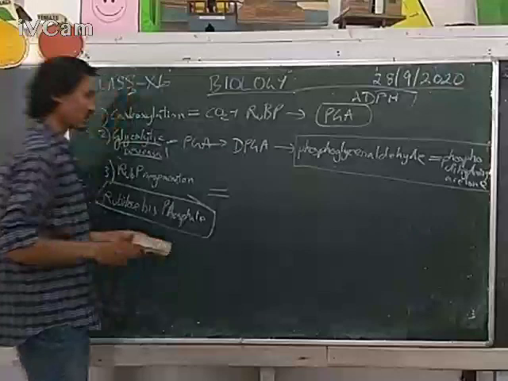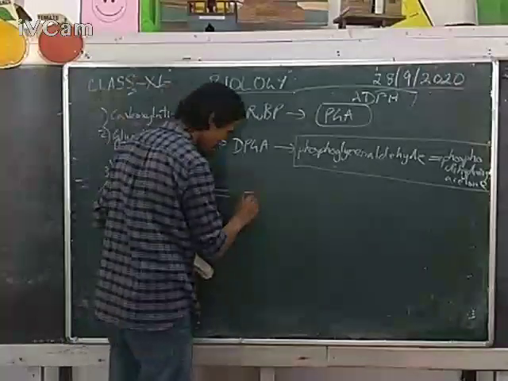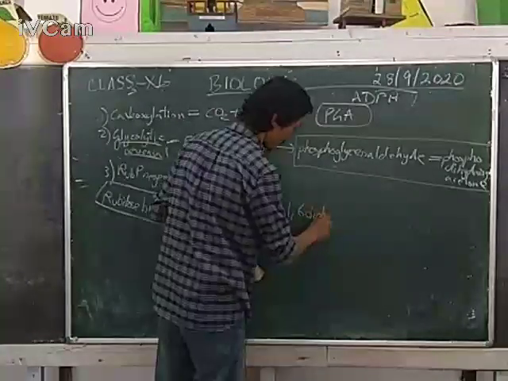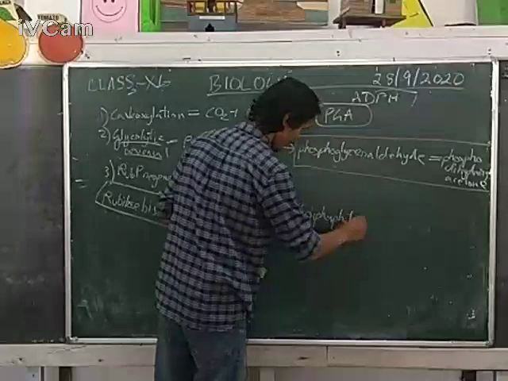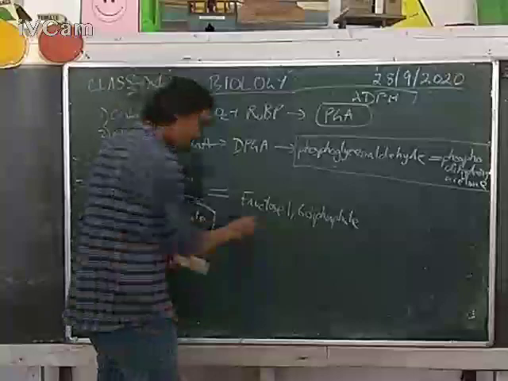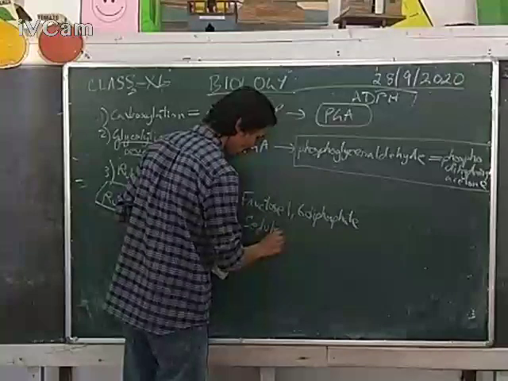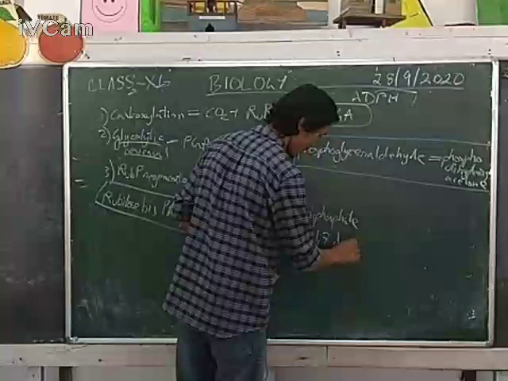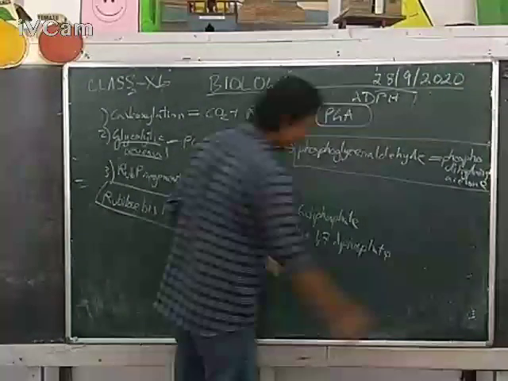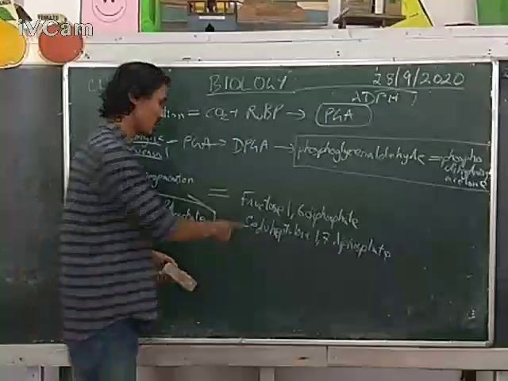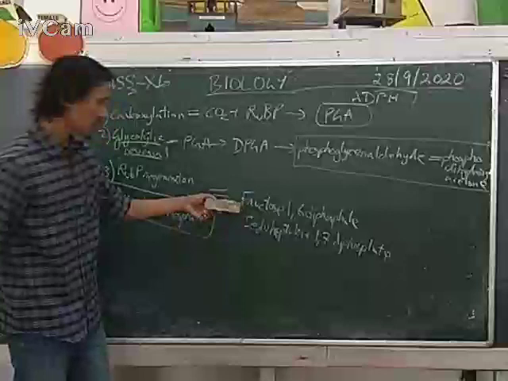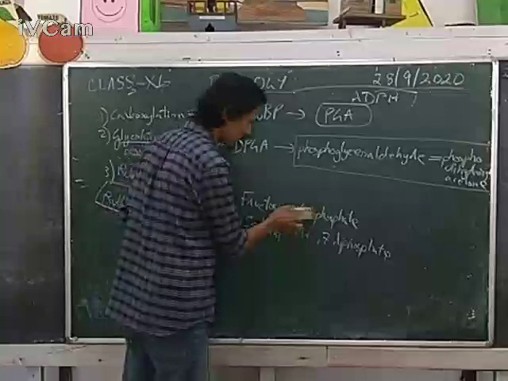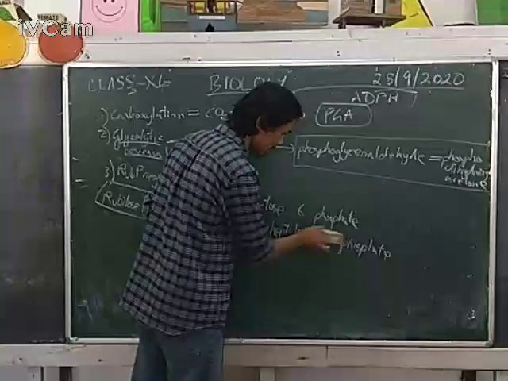In this series of reactions, the main products formed are fructose 1,6-diphosphate, which is a 6-carbon compound, and sedoheptulose 1,7-diphosphate, which is a 7-carbon compound. These products lose one molecule of phosphate, so they are converted into fructose 6-phosphate and sedoheptulose phosphate.